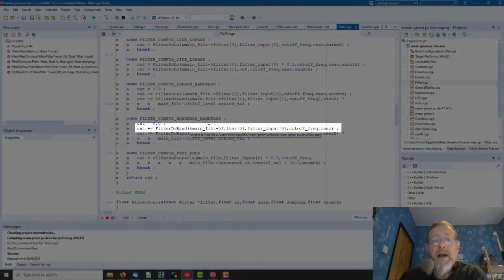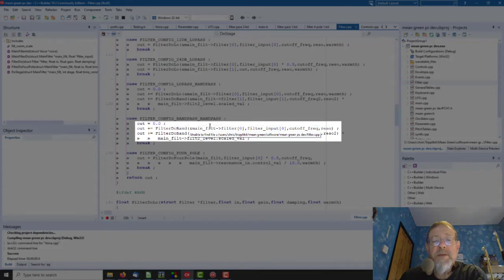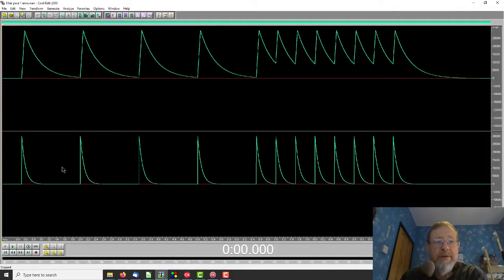The low pass filter uses the input controlled by envelope 1, and the bandpass filter uses the input controlled by envelope 3, and they're just summed together. So I have just modified the code temporarily so it outputs the envelopes. So let's see what I've done with that.